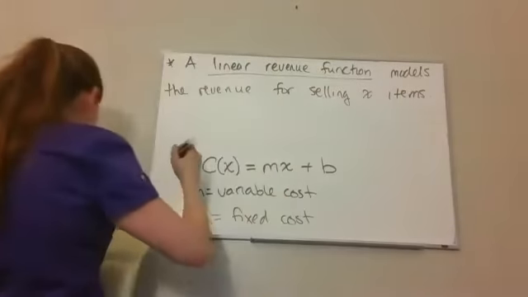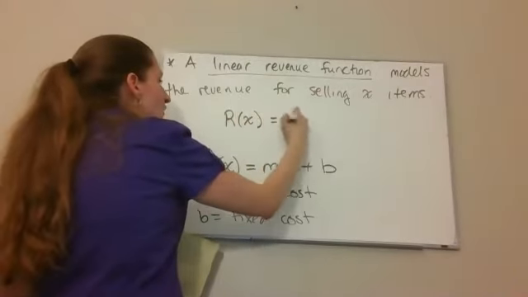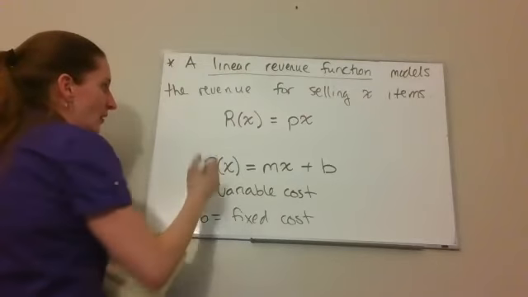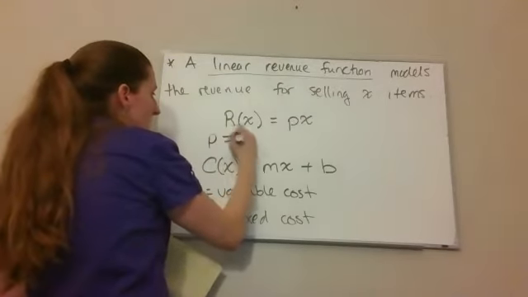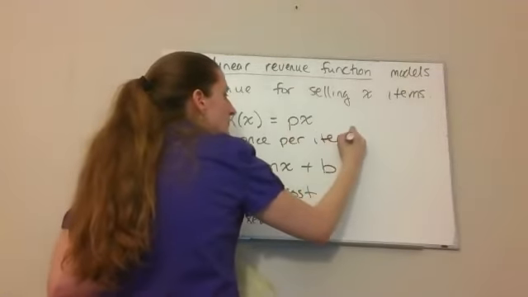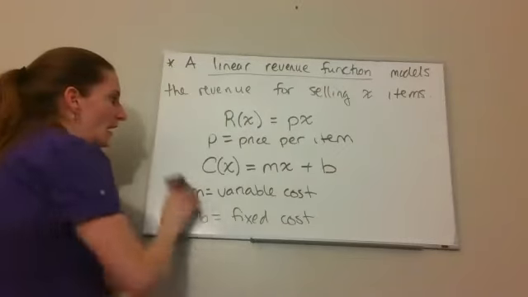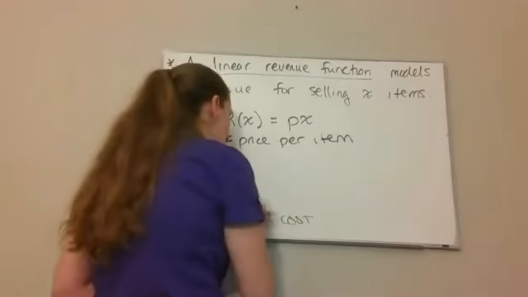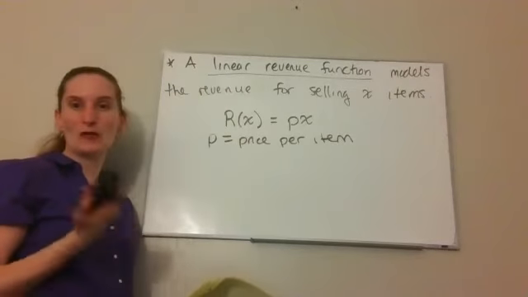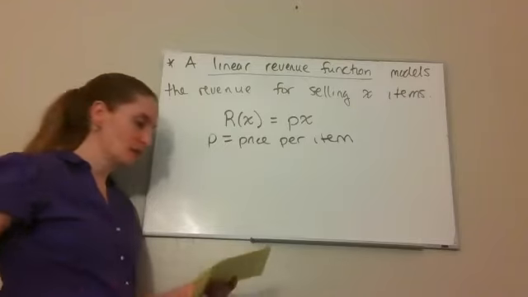So if we're selling our bicycles at a price of P per bicycle, the revenue looks like P times X, where P is the price per item. This one does not have a y-intercept, a plus b at the end, because you're only going to be making revenue when you actually sell your items. You're not going to have a revenue for selling 0 items.